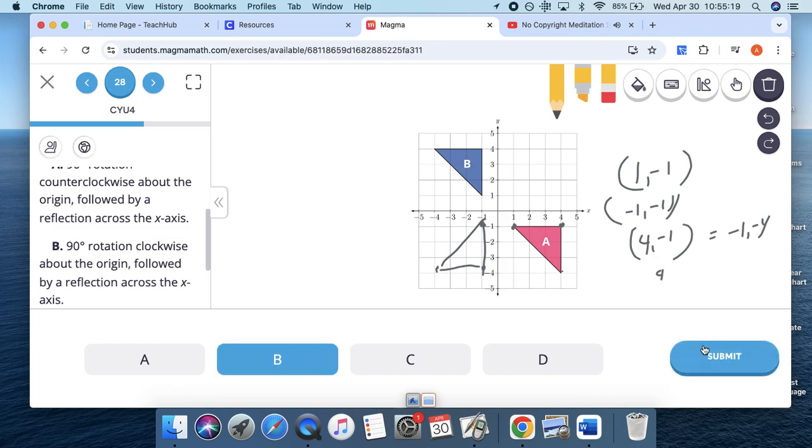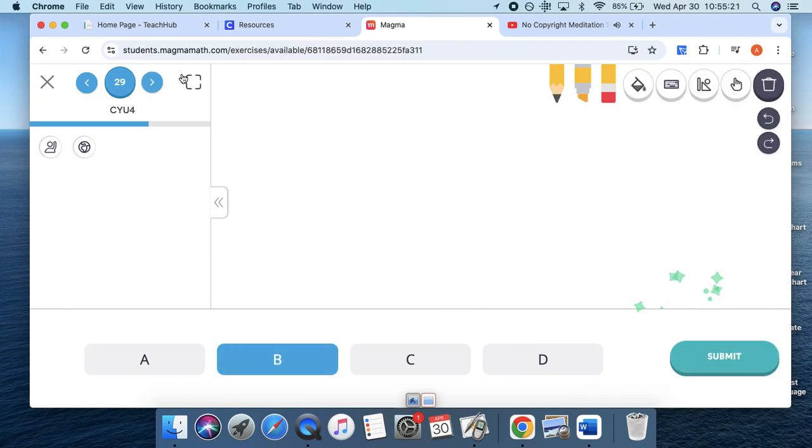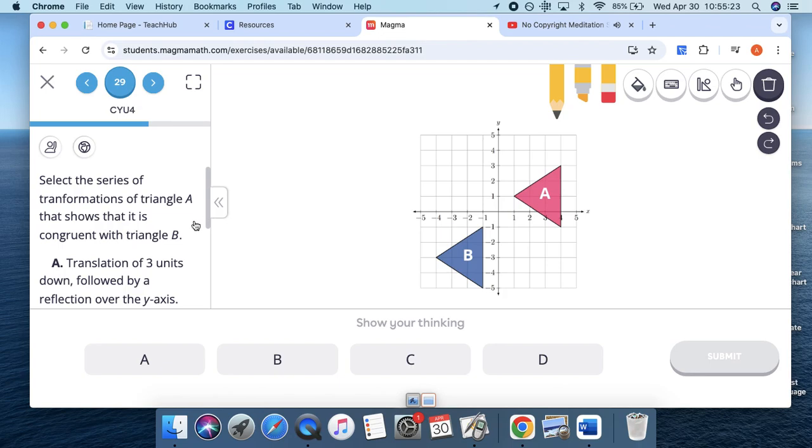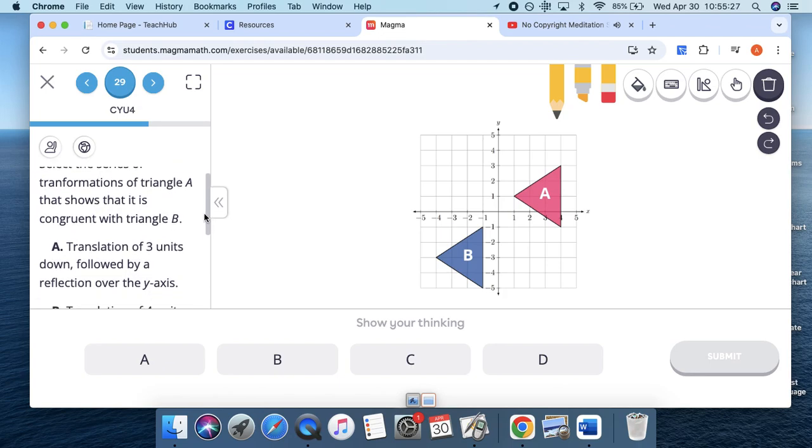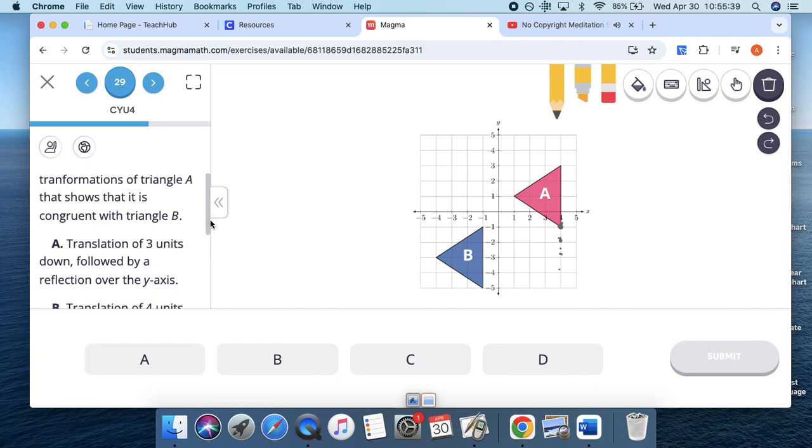So we want B. Transformation. Okay, so a transformation of 3 units down reflected by, so if I take this point right here, 3 units down, 1, 2, 3, and then reflect it, will it be on that side? A is not it.